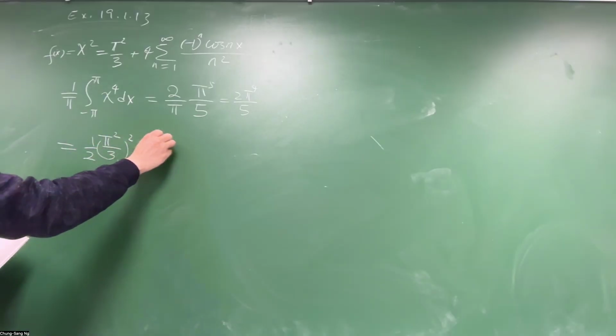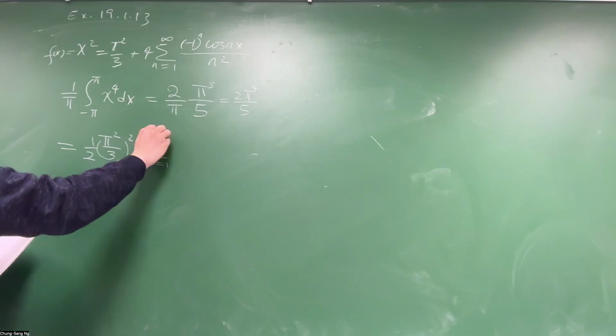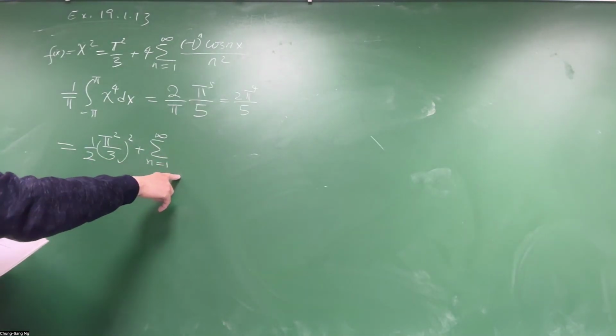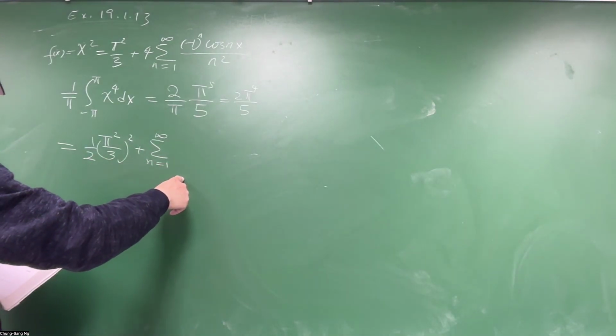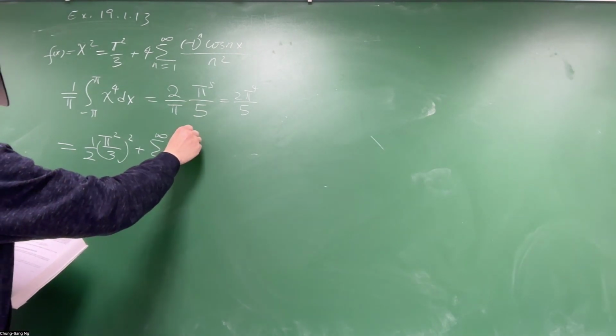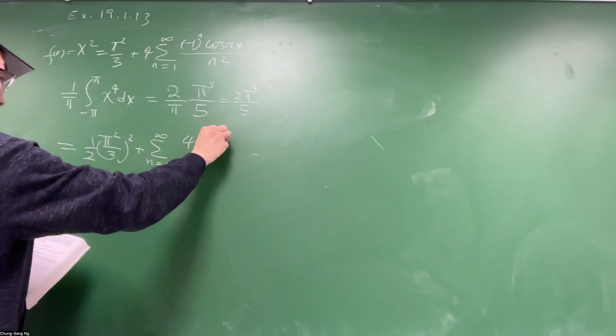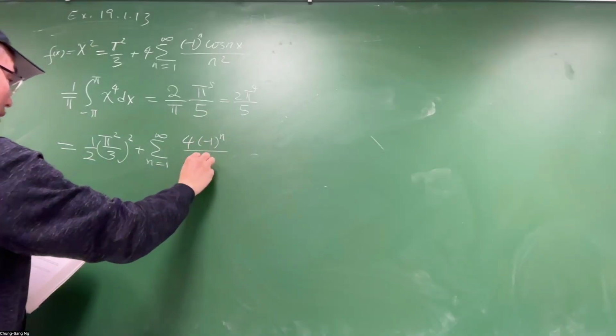And then plus the sum over n from 1 to infinity of the square of the coefficients. But now you only have a sub n because this series doesn't have b sub n, right? So all the a sub n's are 4 over n squared.